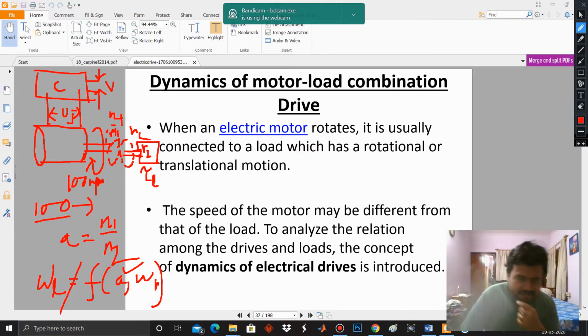And when you are analyzing such type of motion, it is known as dynamics of electric drives. The motor load is different for different types of loads, and the concept needs to be visualized very well in order to comprehend the operation of electric drives, because it is all about motion dynamics.